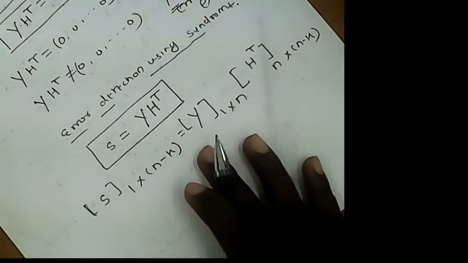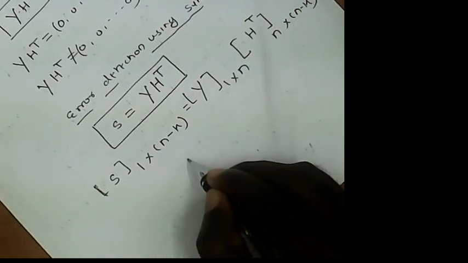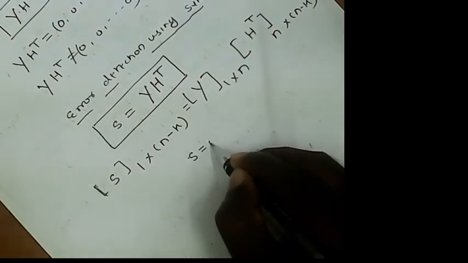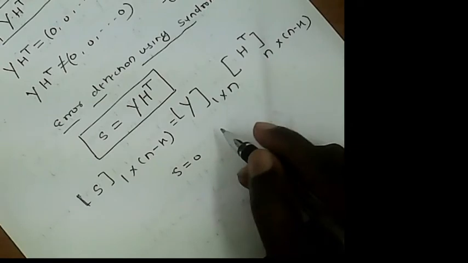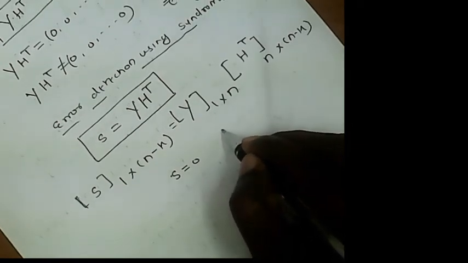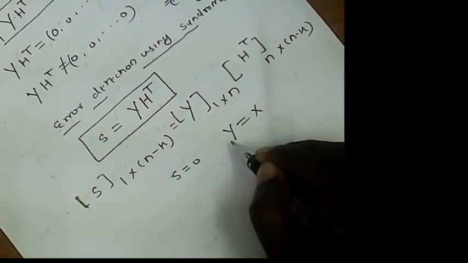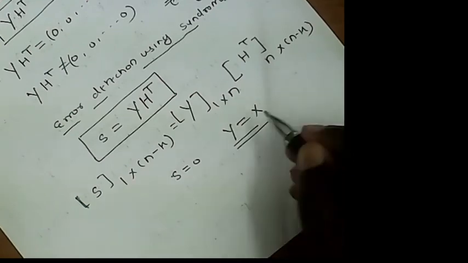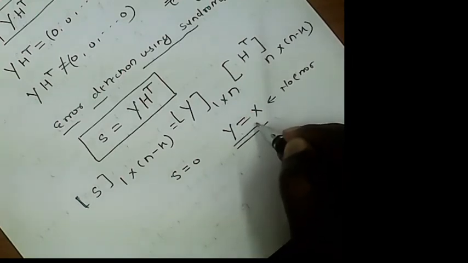So when S is equal to 0, that means y is equal to x, there is no error. So the transmitted code word is equal to the received code word.